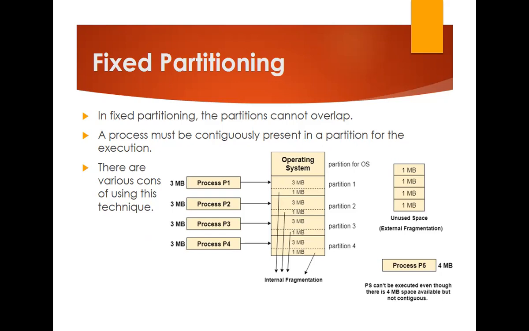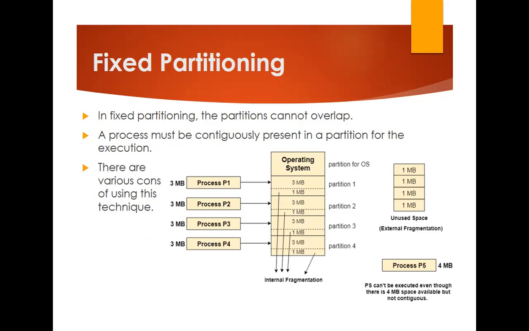Let's say this is my memory, and here process 1 is coming. It is 3 megabytes, and partition 1 size is 5 megabytes. So it will fill 3 megabytes with process 1, and we have 2 megabytes of empty space. So the internal fragmentation of partition 1 will be 2 megabytes.